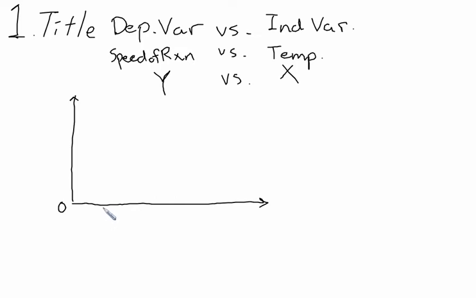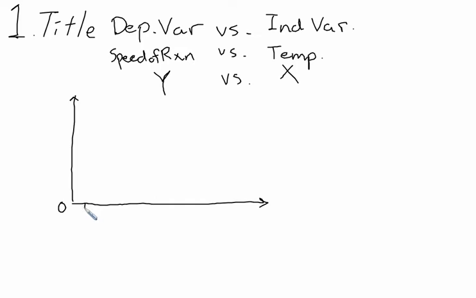Now, let's create a couple of things that all graphs must have. All graphs must have some sort of scale. Whether you go by ones, twos, fives, tens, point ones, whatever the case might be, always have a scale.